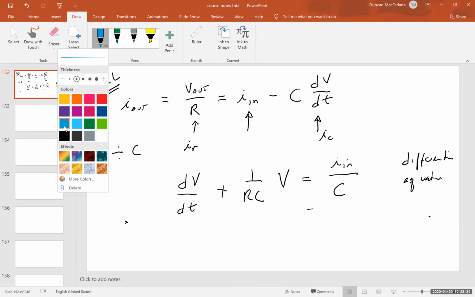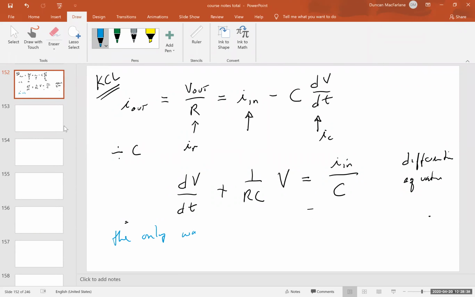So the only way to solve a differential equation is to guess the solution. And we really mean that when we say that.